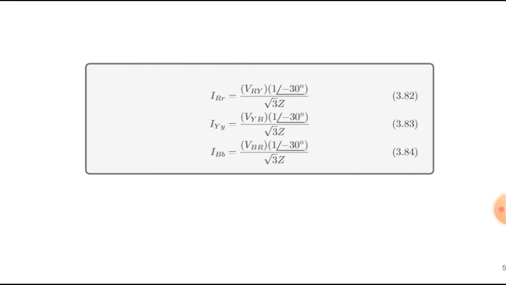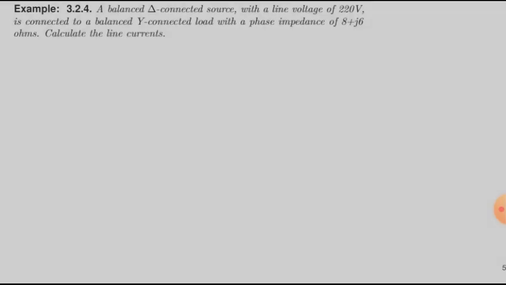So this is actually 1 over square root of 3 angle negative 30 times the phase value of the voltage, VRY divided by Z, or the line, not line, it's the phase current. You multiply it with 1 over square root of 3 angle negative 30. This is the same as what we did in the last example. So if we apply that one, it's much easier than using KVL.